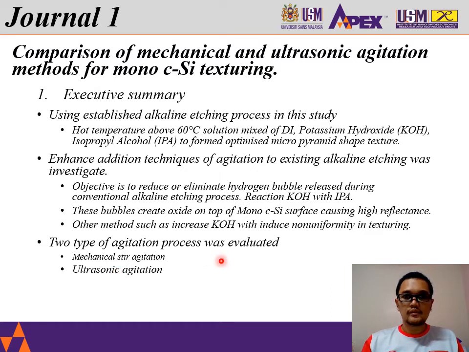Other methods to reduce this bubble by increasing KOH have been reported, but they induce non-uniformity of texturing on the surface. So in this journal, they are comparing two types of agitation: mechanical stir agitation, and ultrasonic vibration agitation.